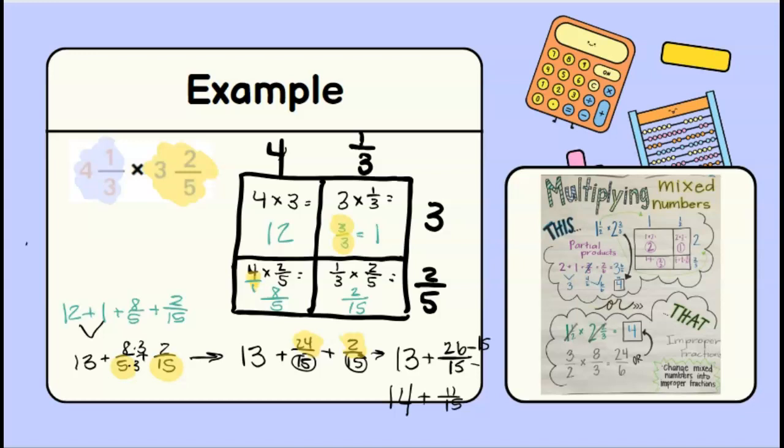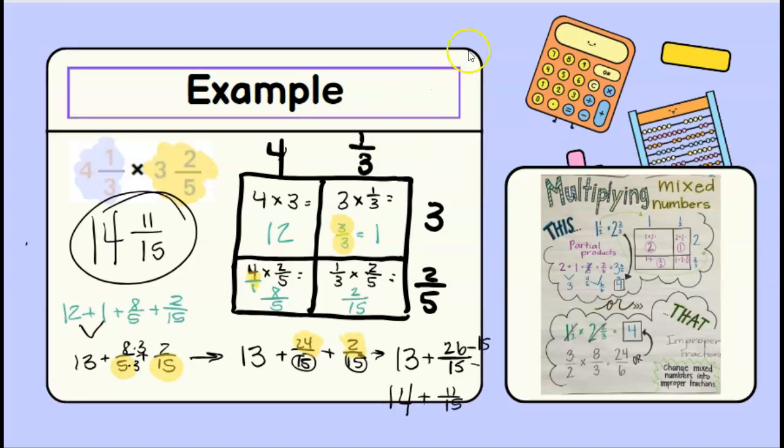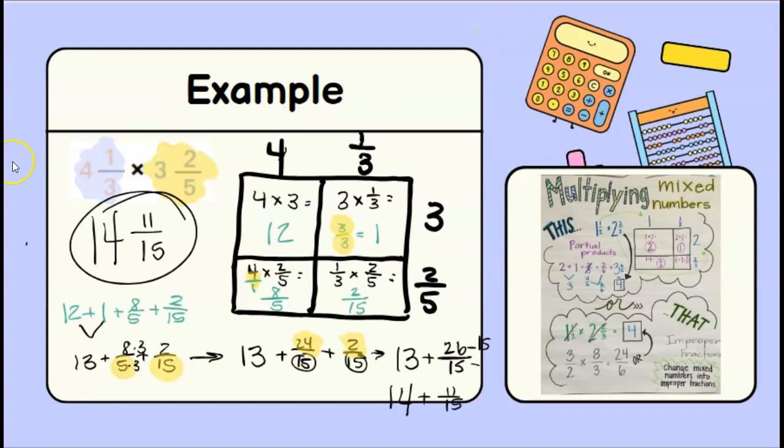It cannot. So my product is going to be 14 and 11/15. This is great for when you have numbers that might be bigger, so we don't have to change them to an improper fraction, or if you can see the numbers easily.